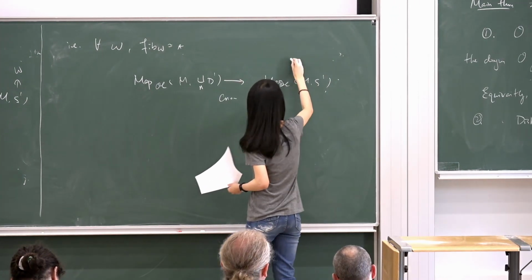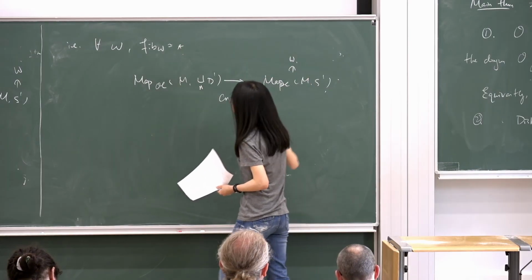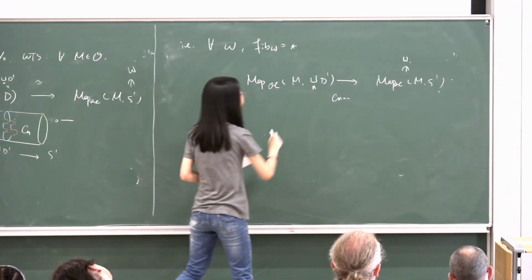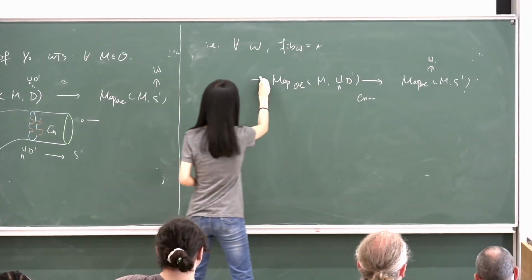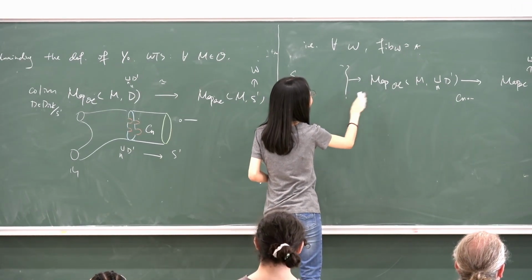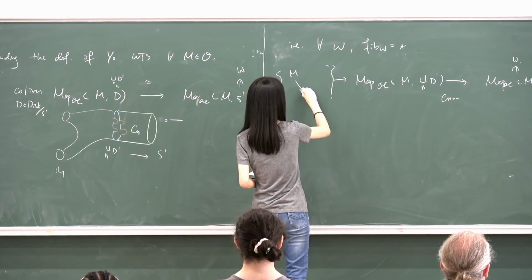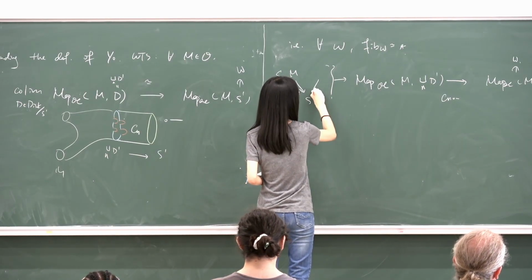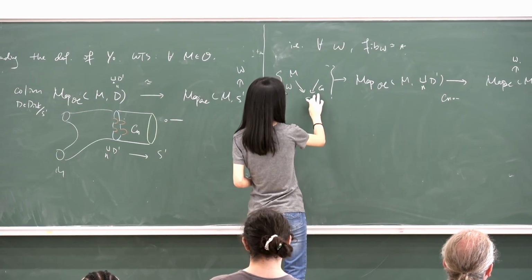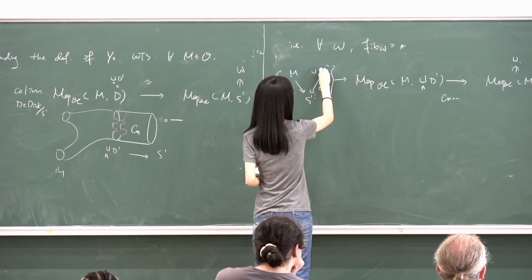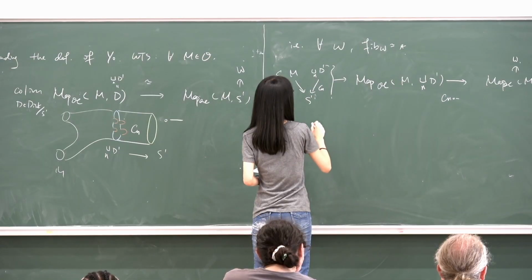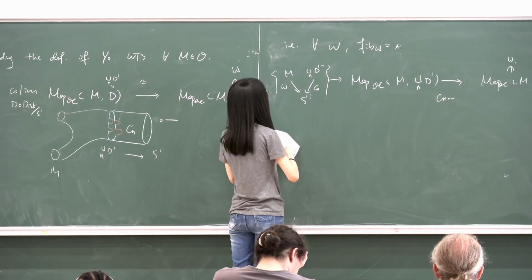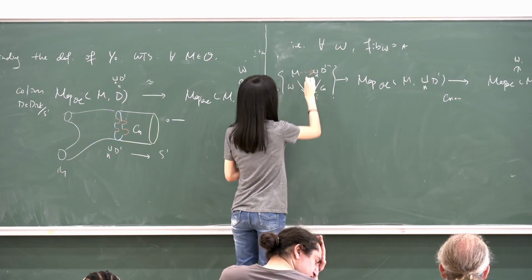Once I fix the point here, the fiber is really all the ways of factorizing W. Morally speaking, I have a fixed map from M to S1 given by W, and also a fixed map Cn, a bordism from the disjoint union of n copies of D1, and I'm looking at all ways of factorizing this bordism.